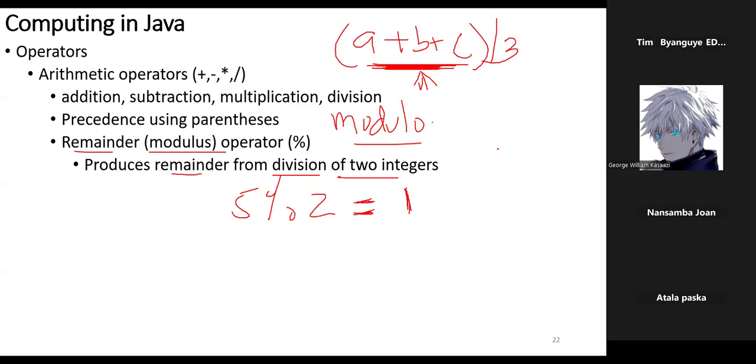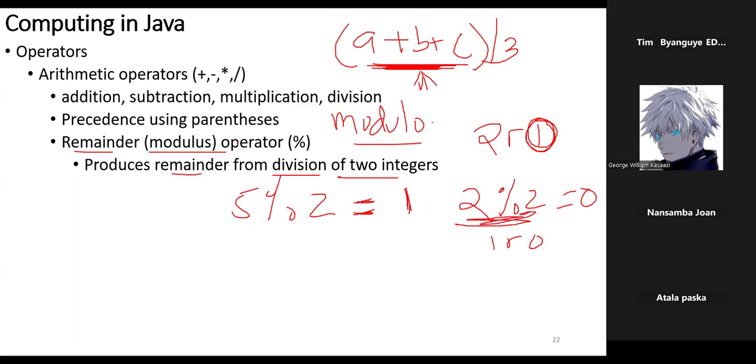Because when you divide 5 by 2, you get 2, remainder 1. So the modulus operator looks for this remainder. The same would apply if I said 2 modulus 2, it would be 0, because when I divide 2 by 2, I get 1 remainder 0. The same applies to any other operation. So how we get the remainder is by using the modulus operator.